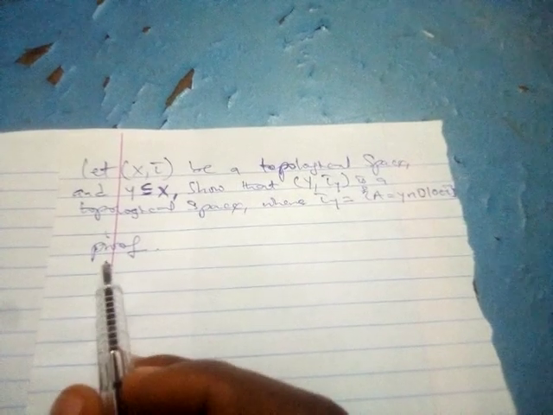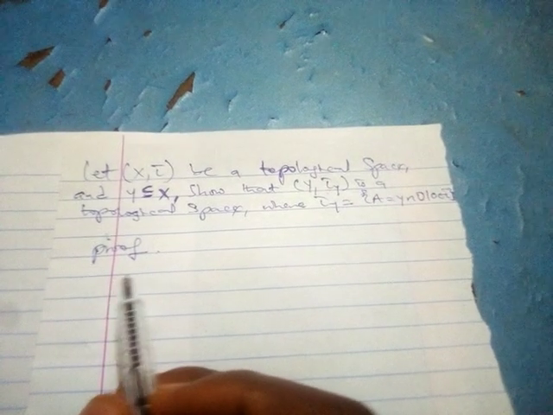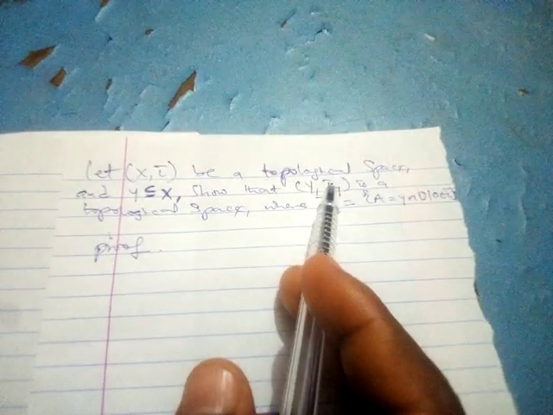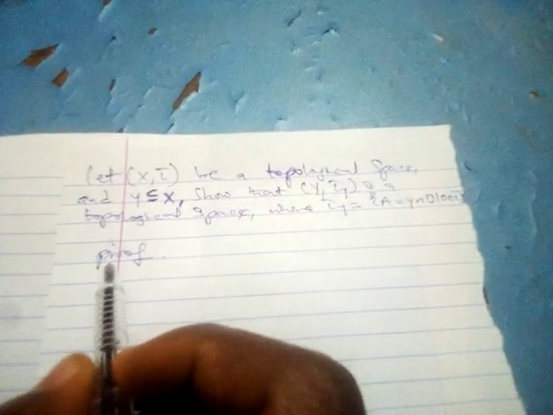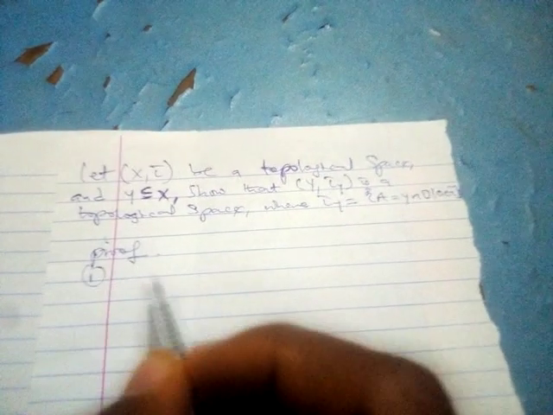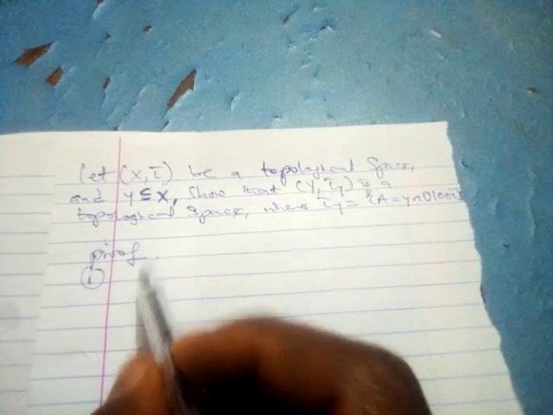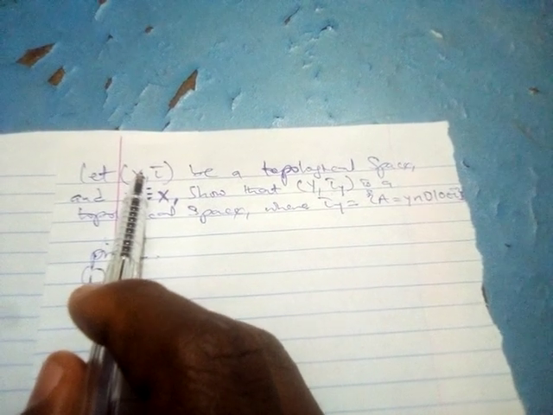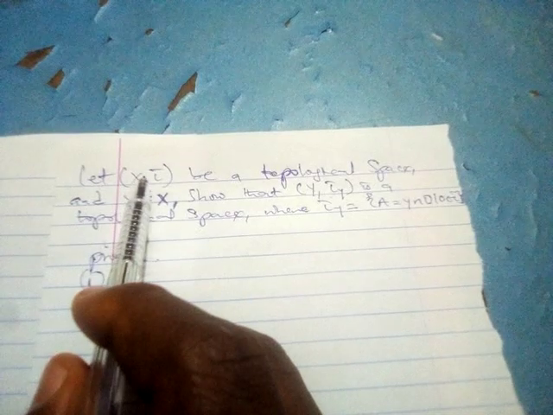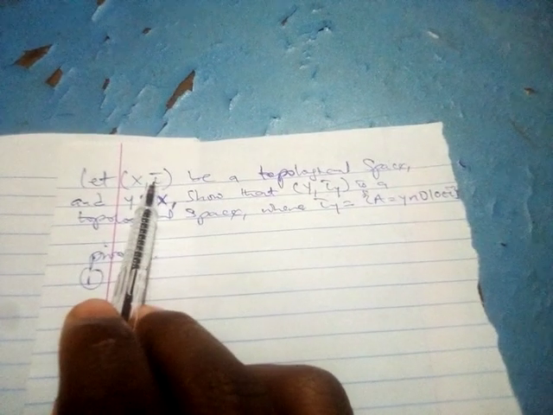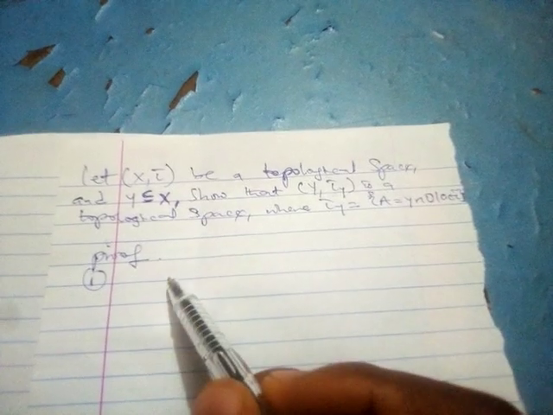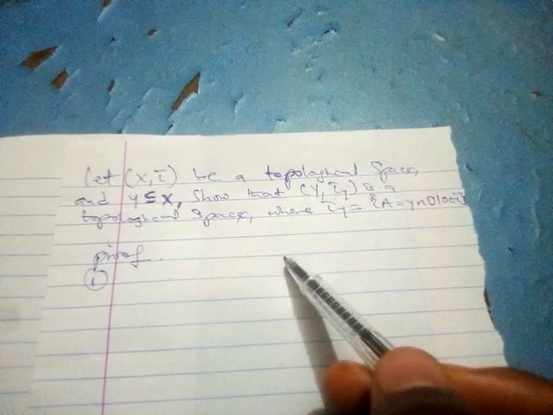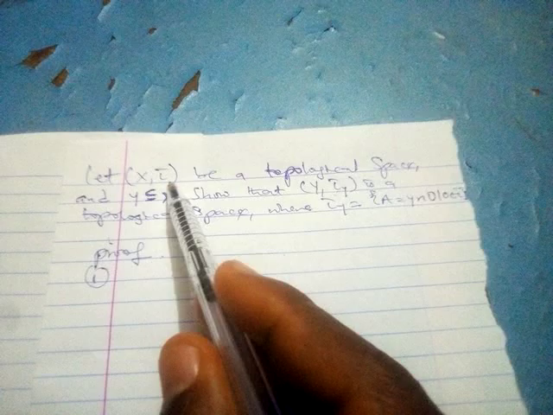The first axiom is that the empty set and the whole set must be in this topology. Since X is a topological space, the empty set and the whole set are in its topology.